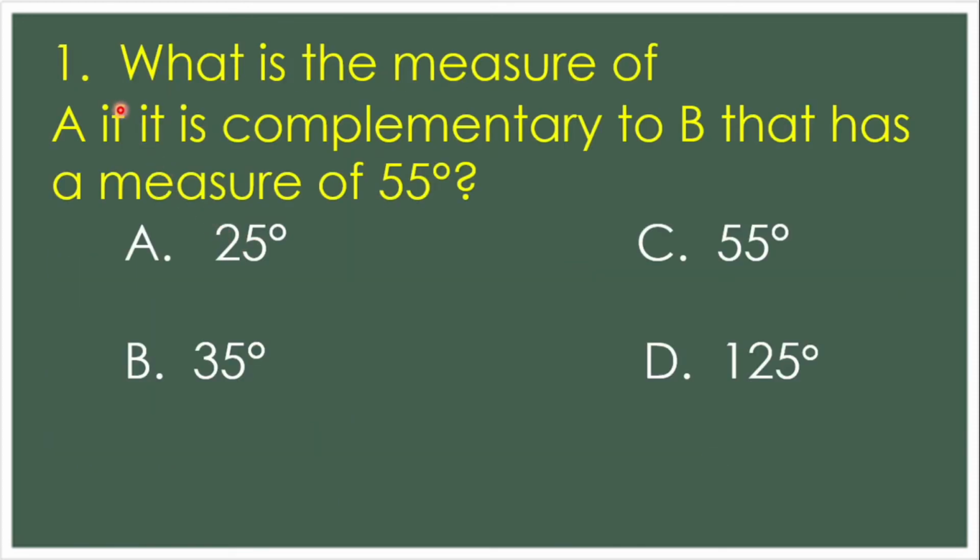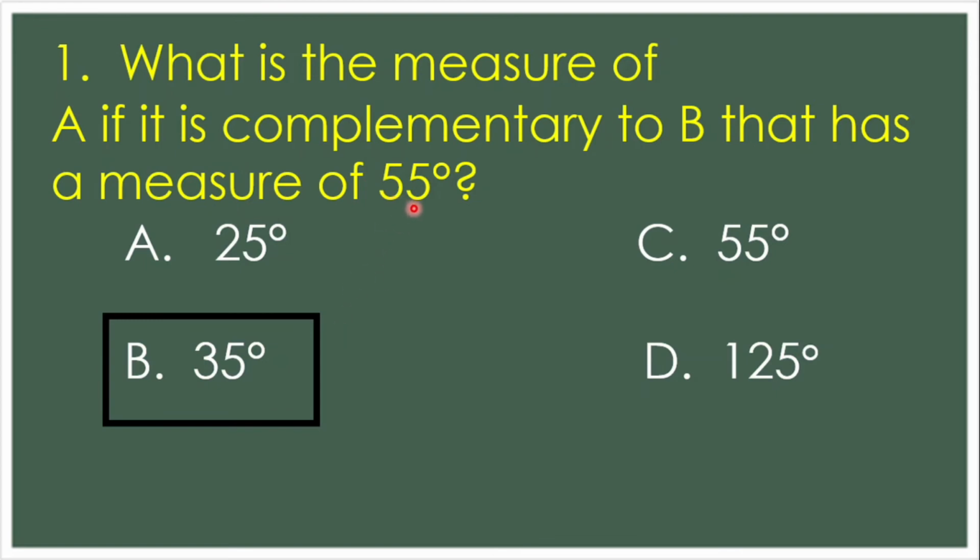So let us answer these questions. Choose only the letter of the correct answer. Number 1. What is the measure of A if it is complementary to B that has a measure of 55 degrees? Okay, that is letter B, 35 degrees. Kasi pag sinabing complementary, two angles have a sum of 90 degrees.